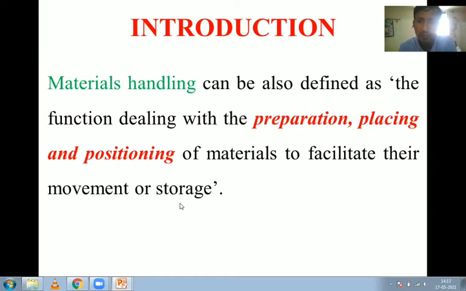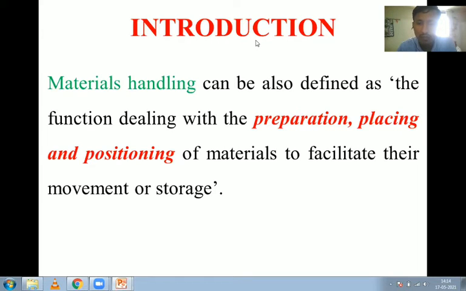Material transfer is not just a transportation system; it also involves some preparation. Before we load the material into the systems which transfer it from one place to another, we need to prepare it so that we can place it in that transportation system.